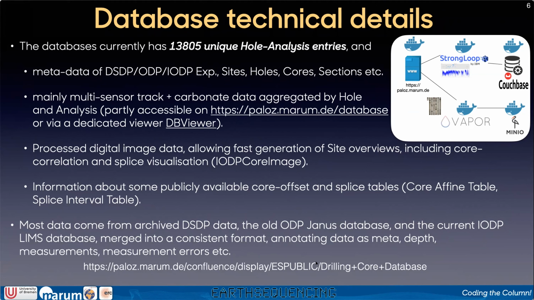I forgot to mention at the beginning, there's also a web page, which is not quite up to date, where you can get a lot of the detailed information about what kind of data we have made available and in what format.